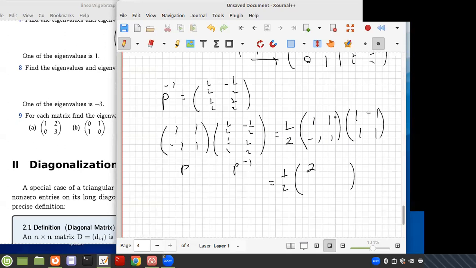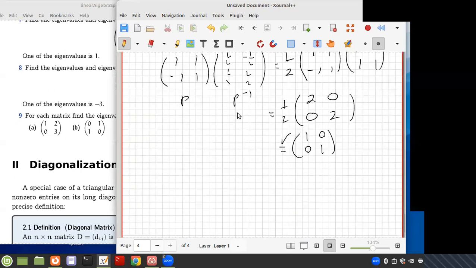The first row times the second column is 1 times minus 1 plus 1 times 1, which cancels to 0. The second row times the first column is -1 times 1 plus 1 times 1, 0. And the last one is -1 times -1 plus 1 times 1 is 2, which equals 1, 0, 0, 1. So check. We have got that correct.